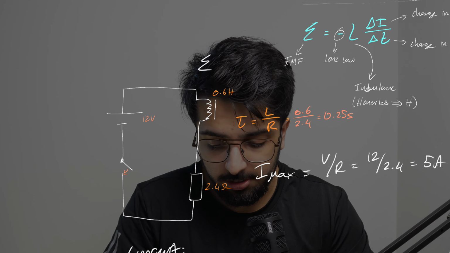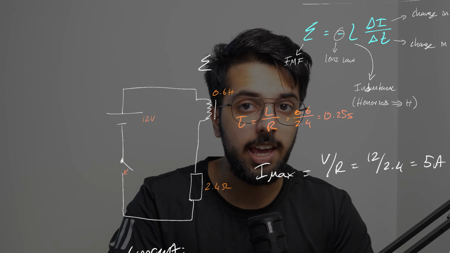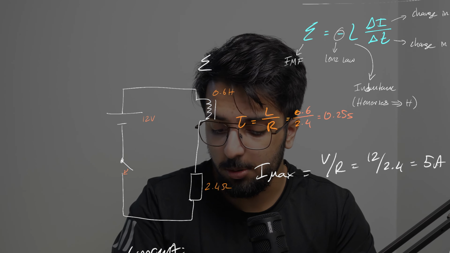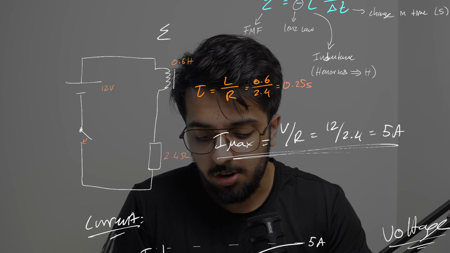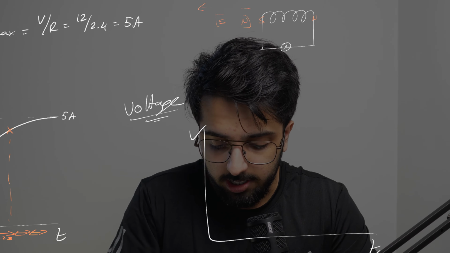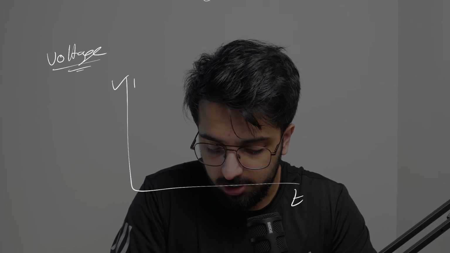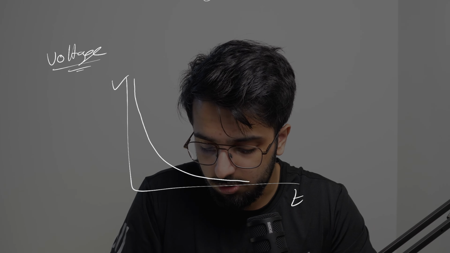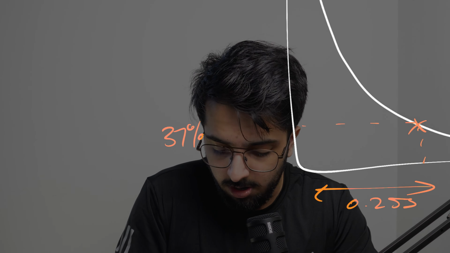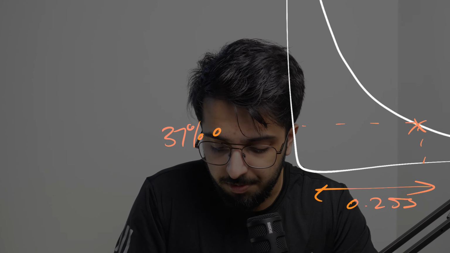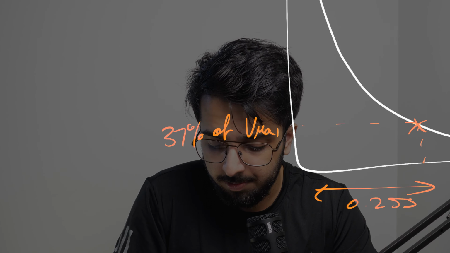However, as time goes on, that back EMF is going to decay almost to 0, so it's almost non-existent, and that's why we have our max current being produced. What that looks like is a max voltage that decays all the way to basically 0. And again, after one time constant of 0.25 seconds, we're going to reach 37% of our V max value.